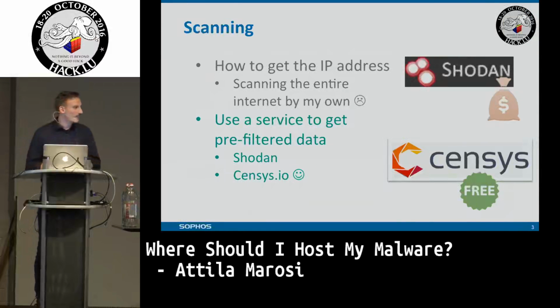So, how to collect and get IP addresses which belong to dedicated protocols. Nowadays, it's a very bubbling topic, and there are a couple of services you can use, for example Shodan or Censys. Or you can do the scanning process on your own, but I don't want it because it's expensive, and there are good services to use.